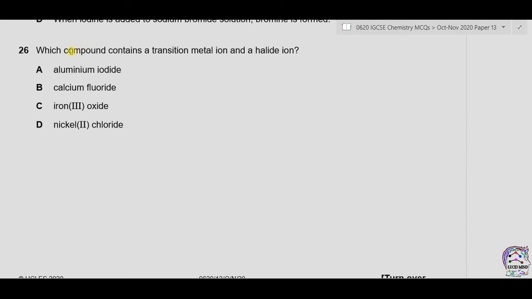Question 26. Which compound contains a transition metal ion and a halide ion? Now halide means it is from halogens which is in group 7 of the periodic table, so it should be fluoride, chloride, bromide or iodide. The first one is iodide, then we have fluoride, then oxide. Oxide is not a halide ion. Similarly, chloride is a halide ion. Now looking at the metals, we have aluminum.